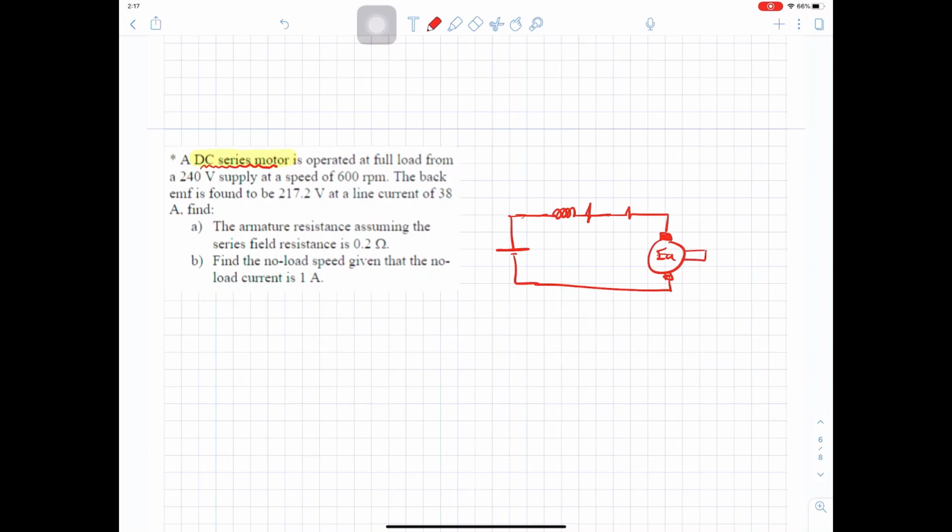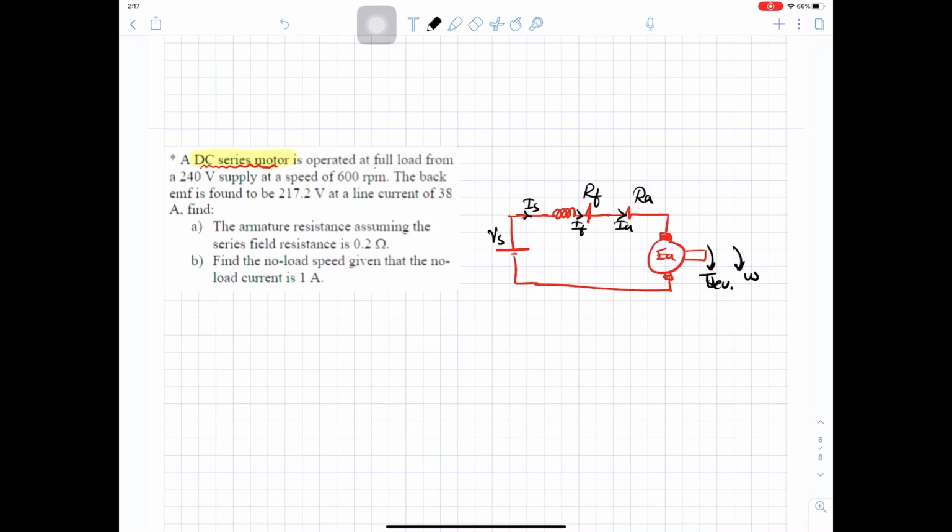EA, and here T developed, omega, RF, RA, V source, I source, IF, IA, and we said that all these currents are the same due to the series connection.